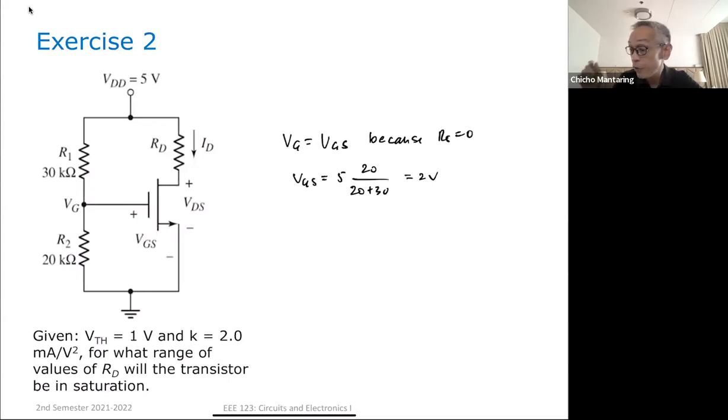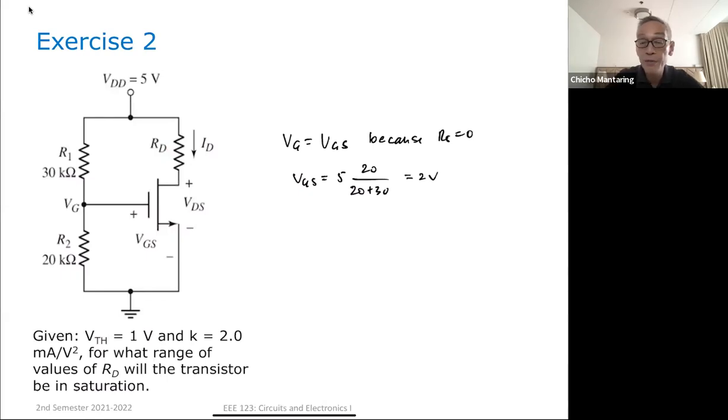Okay. And then you have to figure out, if this transistor is going to be in saturation, ano yung allowable values nitong R sub d? I just leave that up to you. How to determine the allowable values of R sub d so that this transistor will stay in saturation.